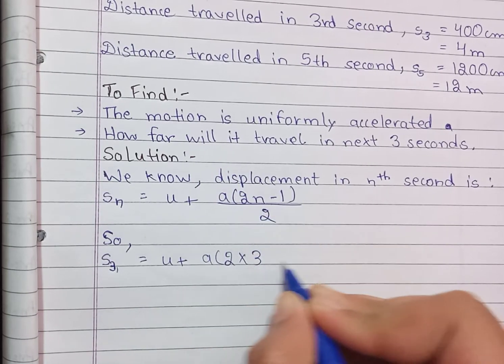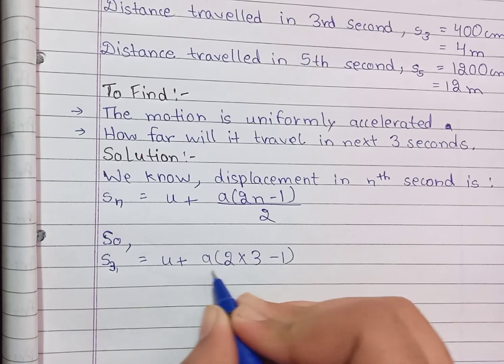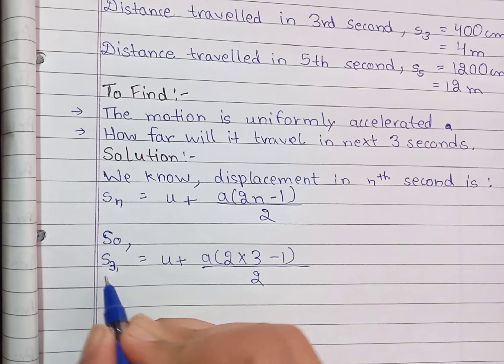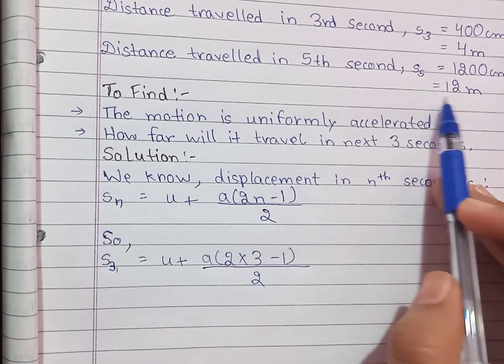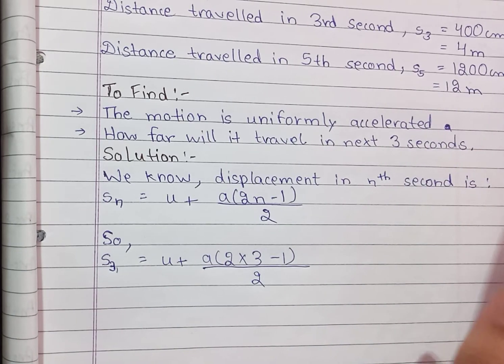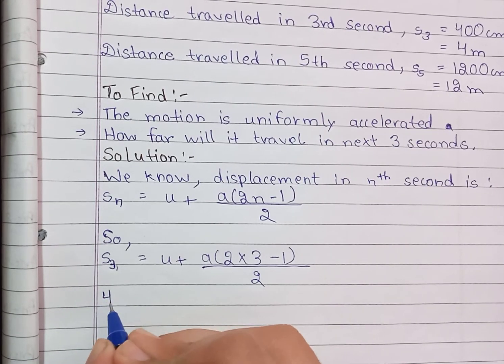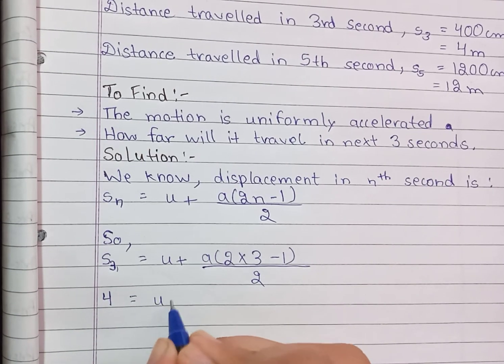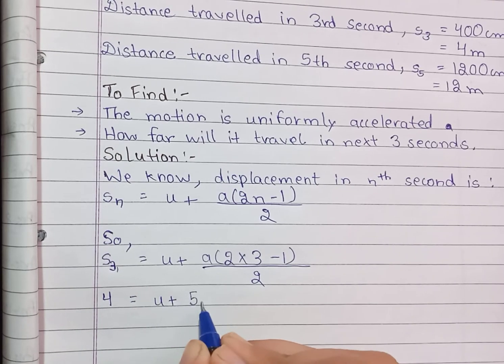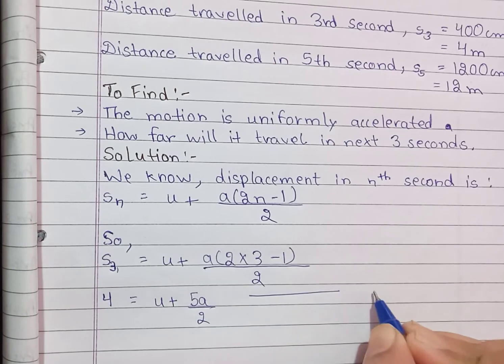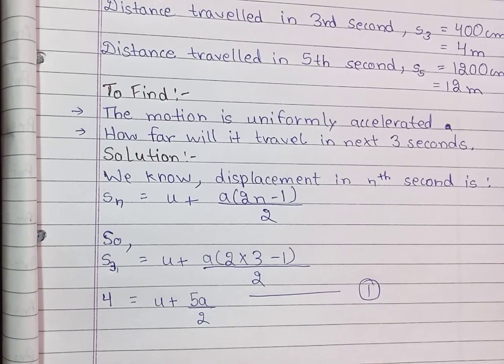Here n is 3. So S3, above it is mentioned that it is 4. 4 is equal to u plus 5a upon 2. Let us suppose it to be equation 1.